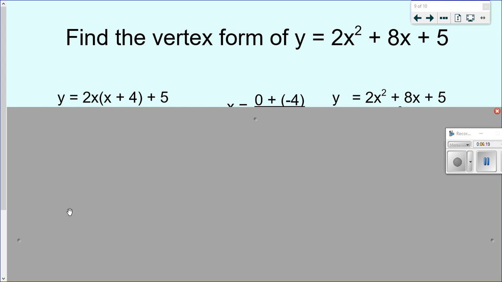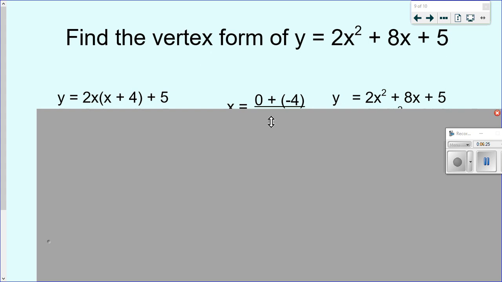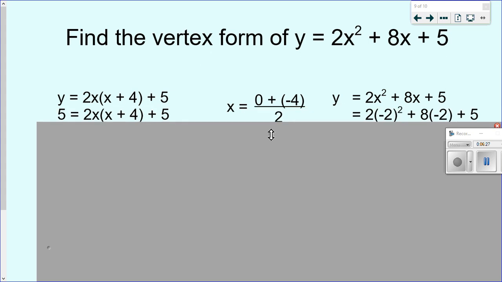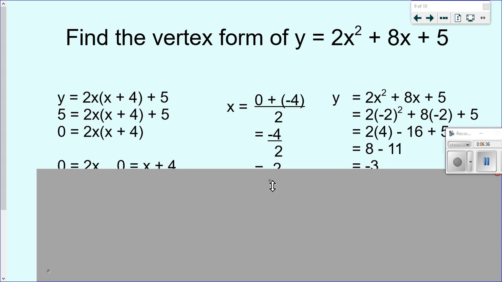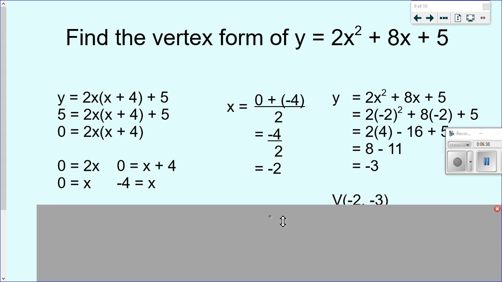So we're going to partially factor. Actually, I don't feel too bad about this. We're going to choose y equals 5 and then get rid of the 5. And now we know how to solve this. And it's better to fully factor than it is to partially factor.